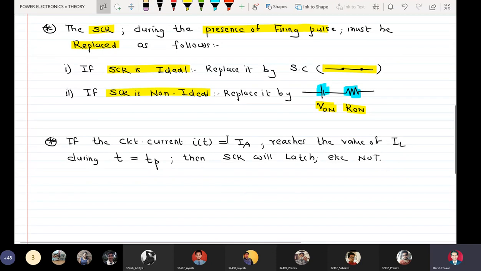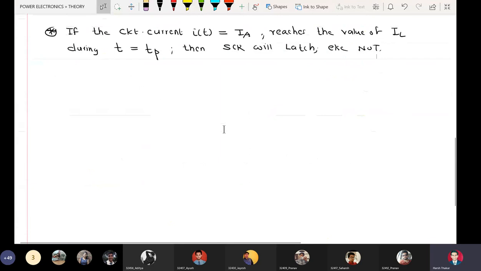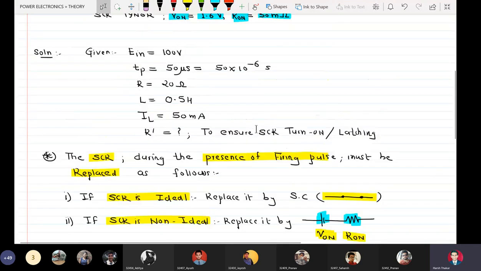This is also another rule which we have seen till now. So now let us solve it, okay.